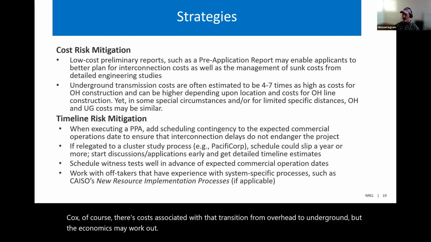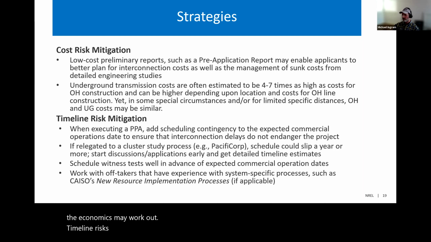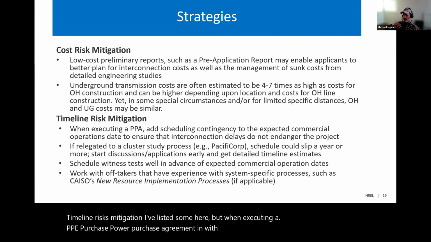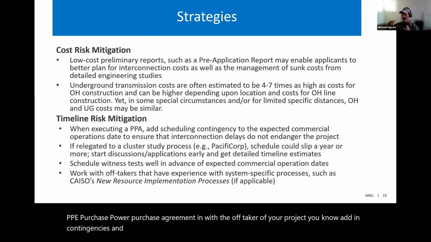Timeline risk mitigation. I've listed some here, but when executing a PPA, power purchase agreement, with the off-taker of your project, add in contingencies so that they don't affect the interconnection process itself.